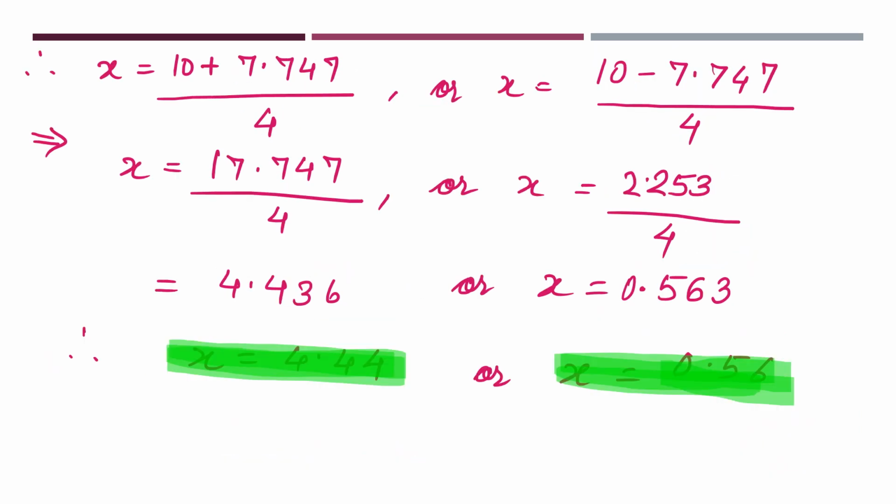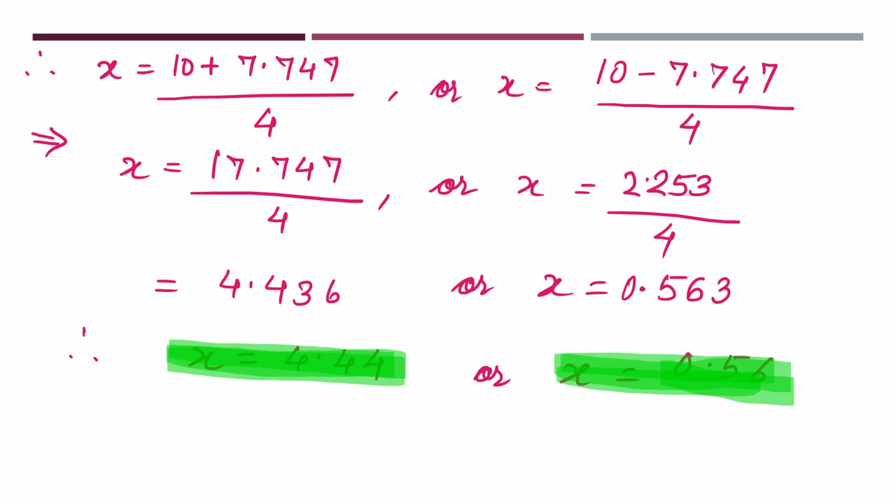So see this children, x is equal to 10 plus 7.747 upon 4 or x is equal to 10 minus 7.747 upon 4. Therefore, x is equal to 17.747 upon 4 or x is equal to 2.253 upon 4.